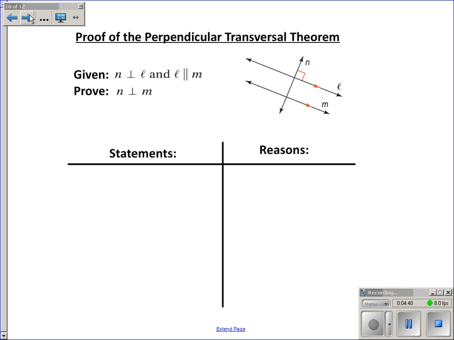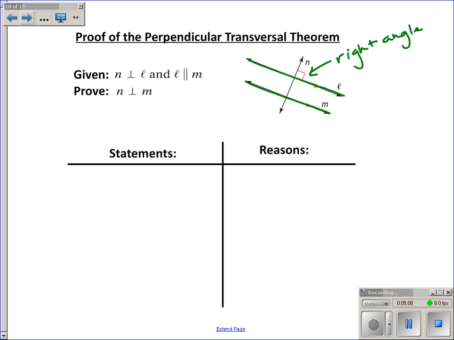N is perpendicular to L. What does that mean? That means this is a right angle. Now L and M are parallel, and from section 3-2, we know a lot of things about the pairs of angles that occur when the two lines are parallel.